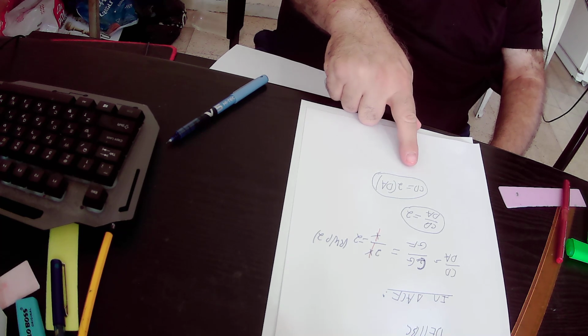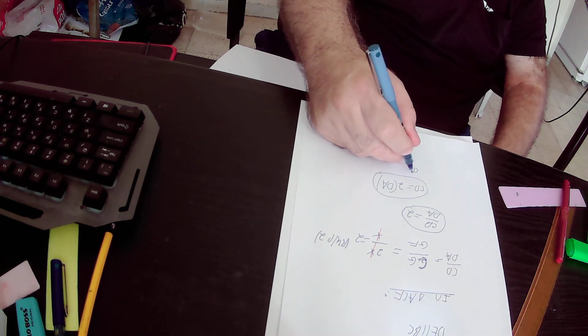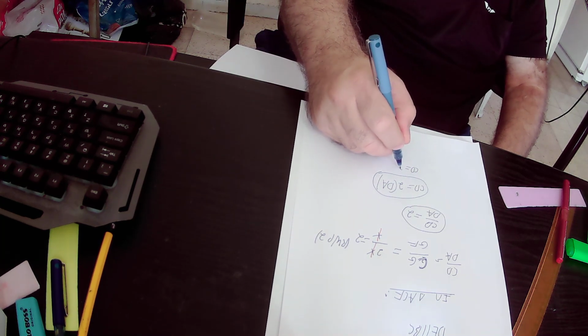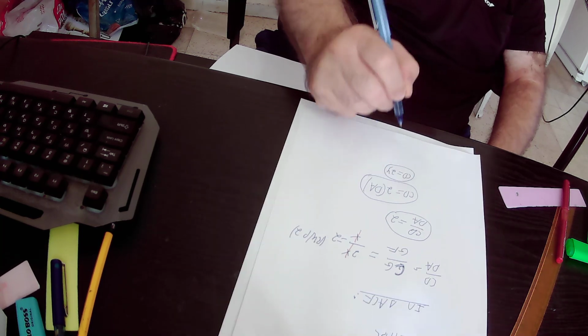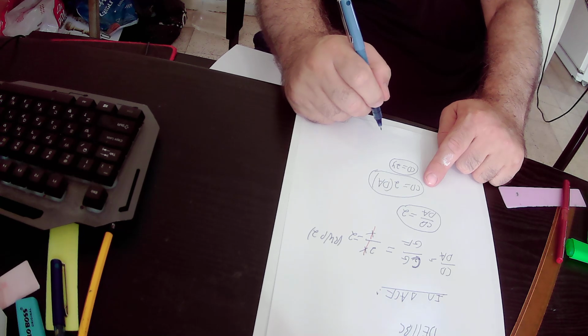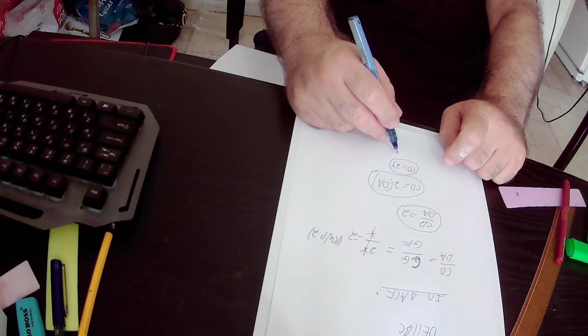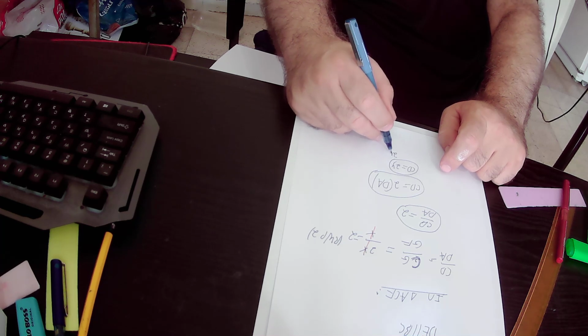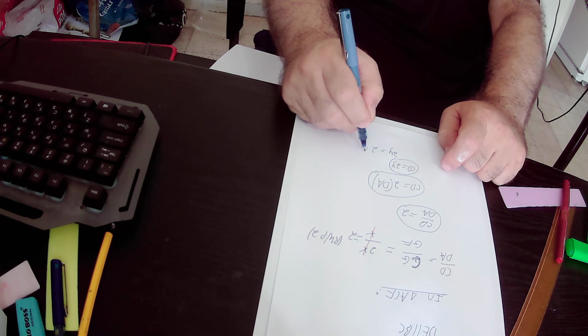So if we define CD as 2y, that is to say CD equals 2y according to our definition, then we can substitute the value of CD by 2y and we get that 2y equals 2 times DA.